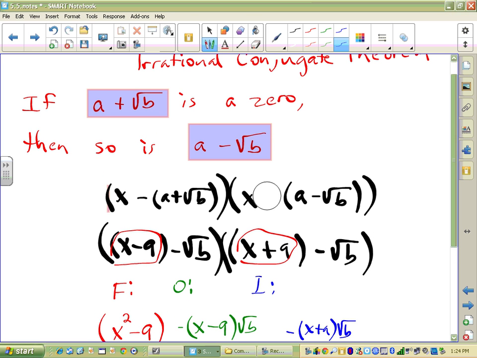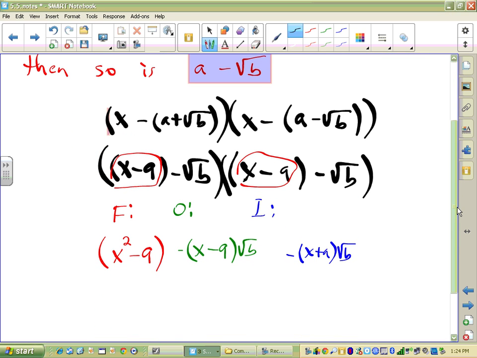Oh, yeah, this over here. That's a minus, which is going to make this first term x minus A, that quantity squared.